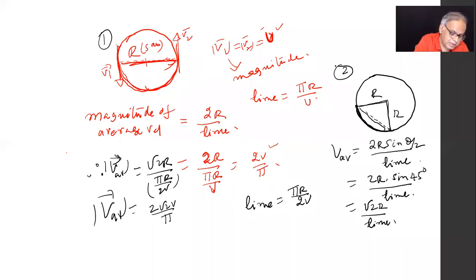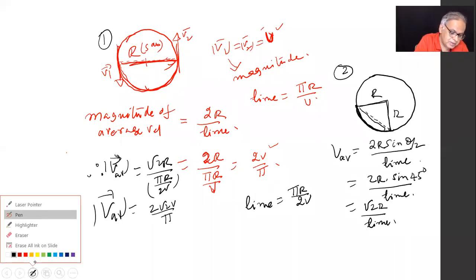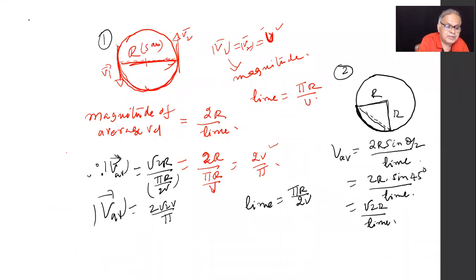Now the third one, let us see for 60 degrees. I would like to write straight away like this: mod of V average equals 2r sine 60 by 2. Can I write straight away now?